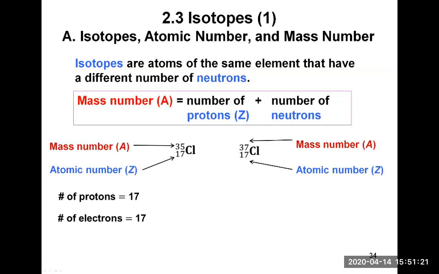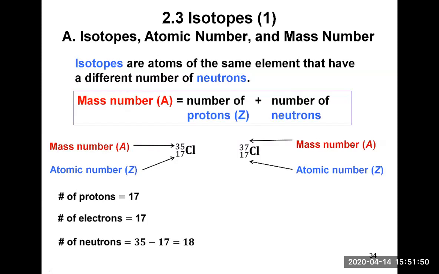And so to get the number of neutrons, you do the mass number minus the atomic number. That's because the mass number, by definition, is the number of protons plus the number of neutrons. So if you subtract the number of protons, you get the number of neutrons. And so this chlorine 35 isotope has 18 neutrons in its nucleus.